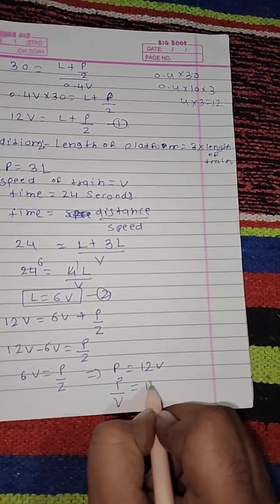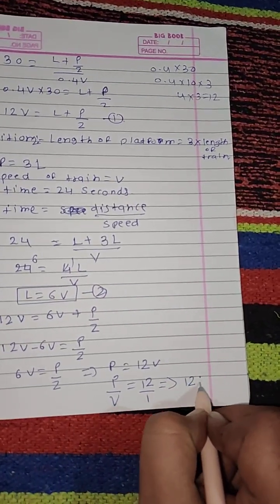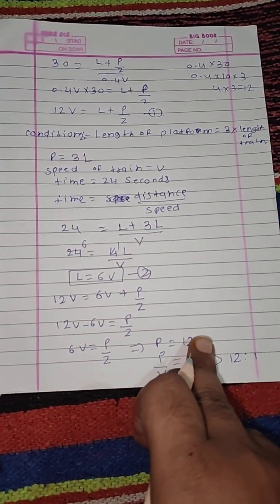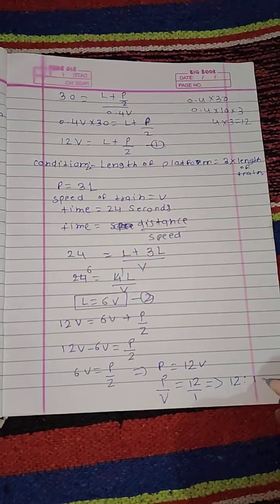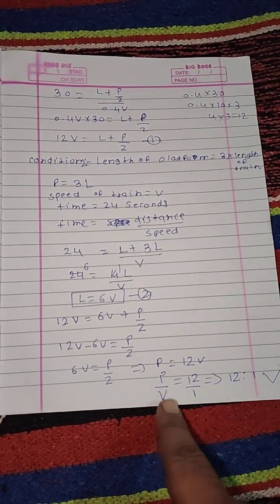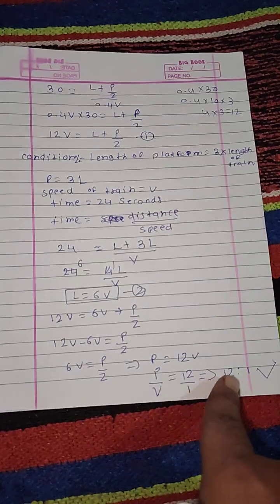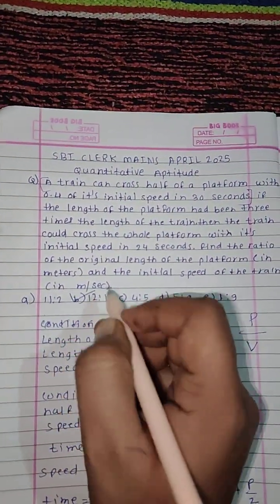So P by v will be 12 by 1. So we can write it as 12 is to 1. So the ratio of the length of the platform to the initial speed is 12 is to 1. Our answer will be 12 is to 1.